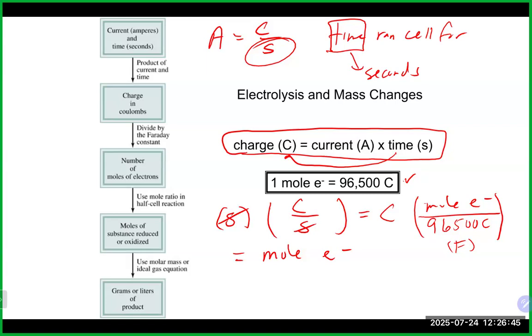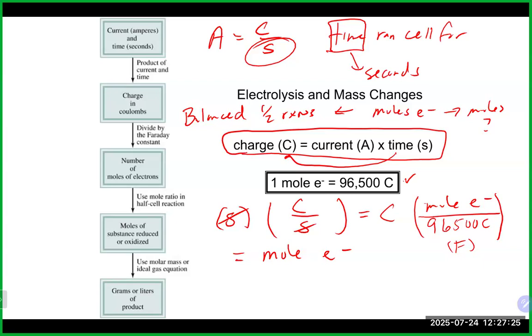At this point, it depends on the problem you're doing as to what your next move might be. One of the moves you probably will do is use the balanced half reactions to go from moles of electrons to moles of whatever you're interested in, be it chlorine, maybe sodium, hydrogen gas, oxygen gas.